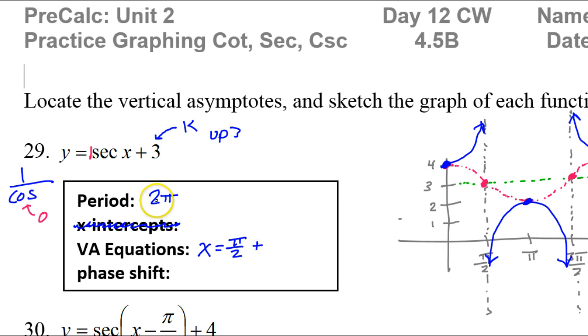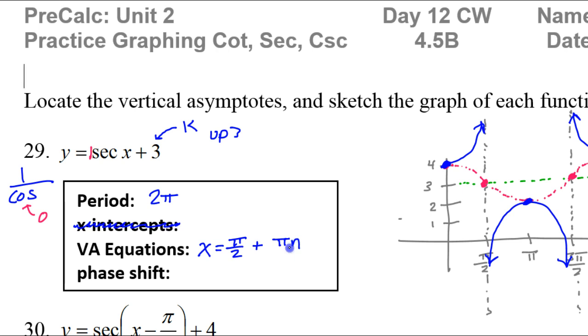So the period was 2 pi, so half of a period is going to be pi. And then I'm going to put a variable on here as a multiplier. So I'll say pi n, or I could have said n pi. And so that's going to reflect if I added 1/2 of a period, or 2/2 of a period, or 3 pi, or 4 pi, or 5 pi.